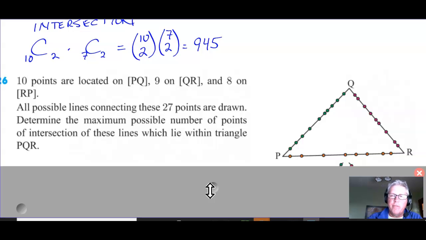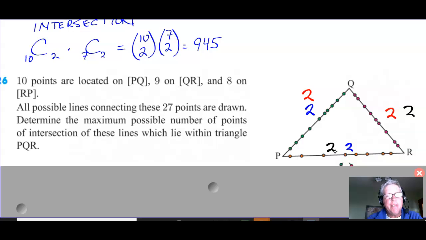Could they all come from this side? No, those don't intersect. The play doesn't work that way. But if I pick 2 from this side and 2 from this side, that would certainly create 1 point of intersection. If I picked 2 from this side and 2 from this side, I would get a bunch more.